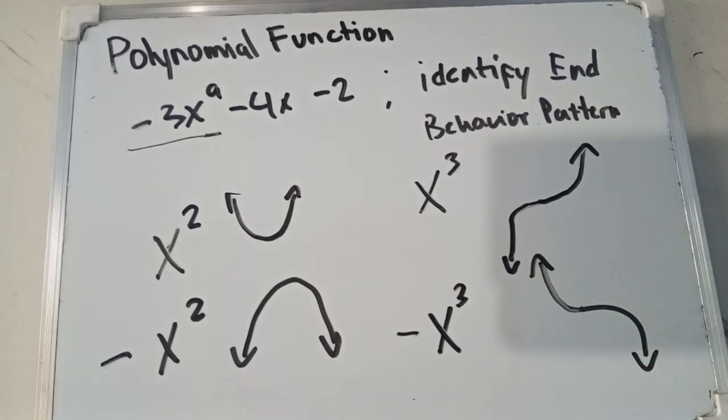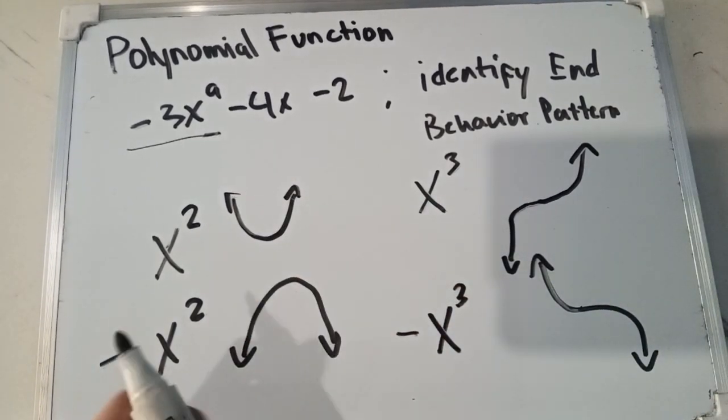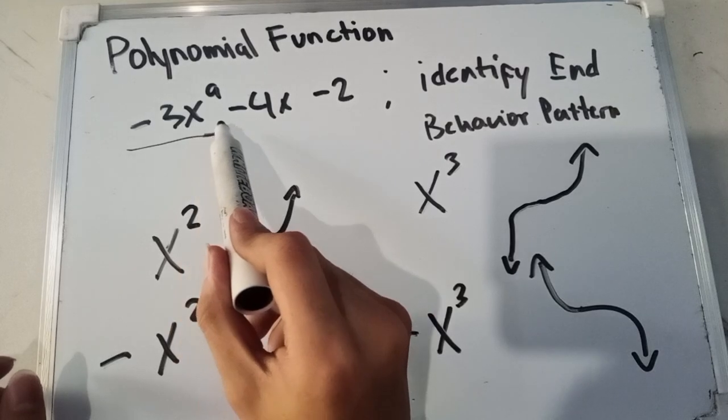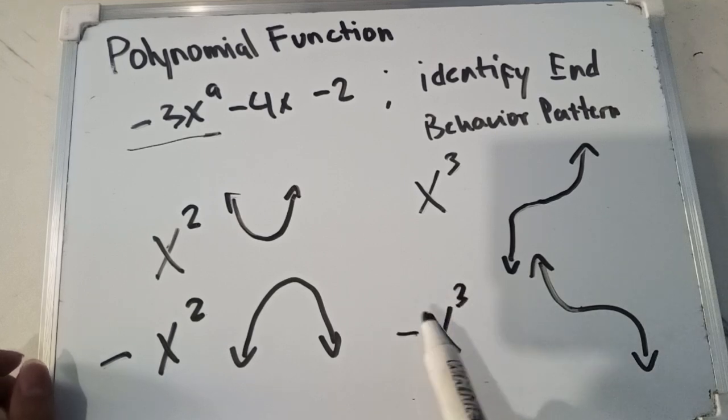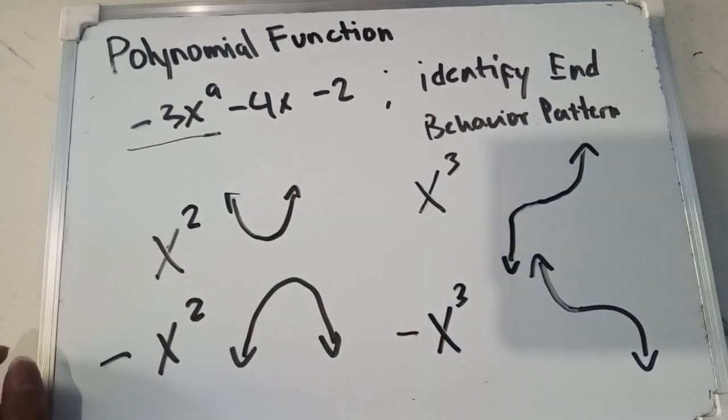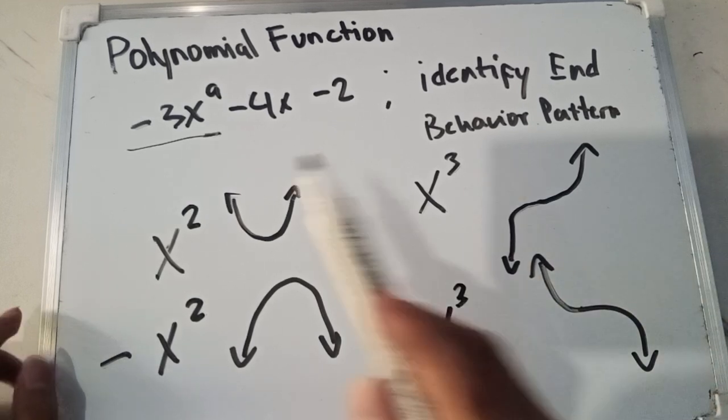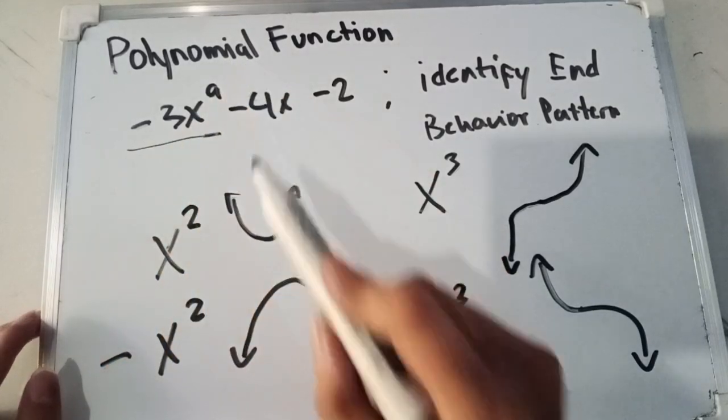So that is the behavior pattern. Now, which of these does negative 3x to the 9 agree with, based on the negative sign and the exponent?